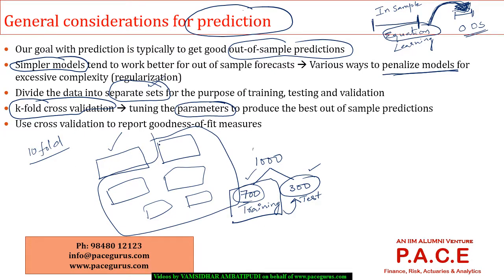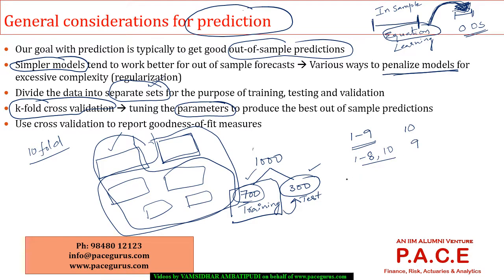Then similarly, next time the model is built with the remaining 9 groups or another set of 9 groups tested. So when 1 to 9 groups are being used to create the model, the 10th group is used for testing. Similarly, 1 to 8 and 10th group are used to create the model, 9th group is used for testing.